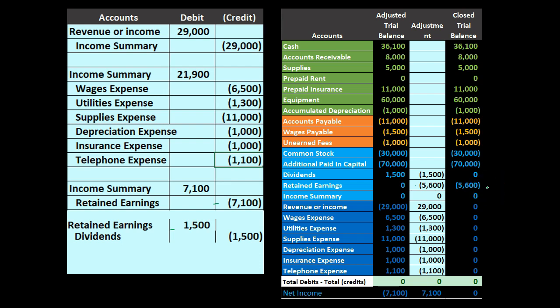So we're at our end goal now, that being that all temporary accounts are zero: all income statement accounts, the income summary, and now the dividends account are now zero. That means we're at a post-closing trial balance, one that only has basically balance sheet accounts in it. And so here are our balance sheet accounts, and all other accounts will be closed out to zero.